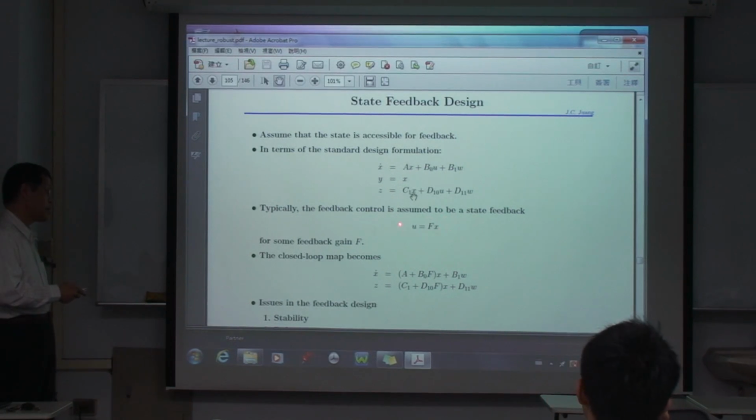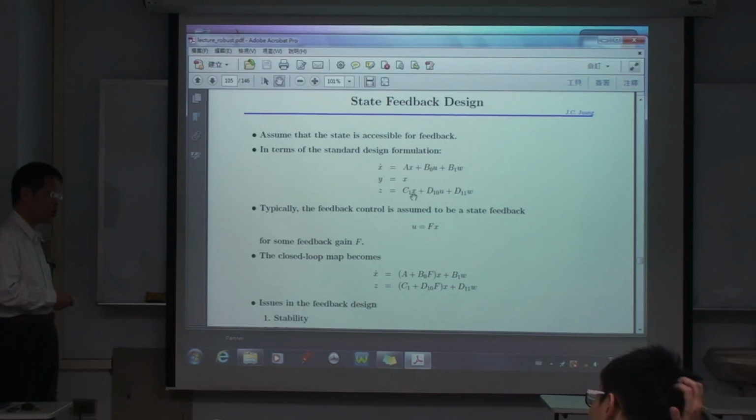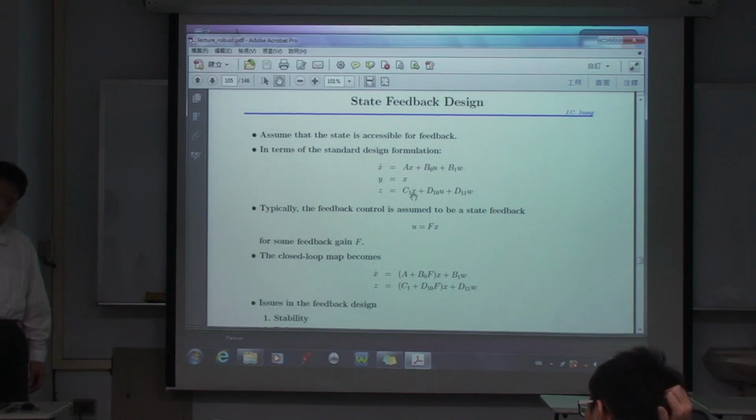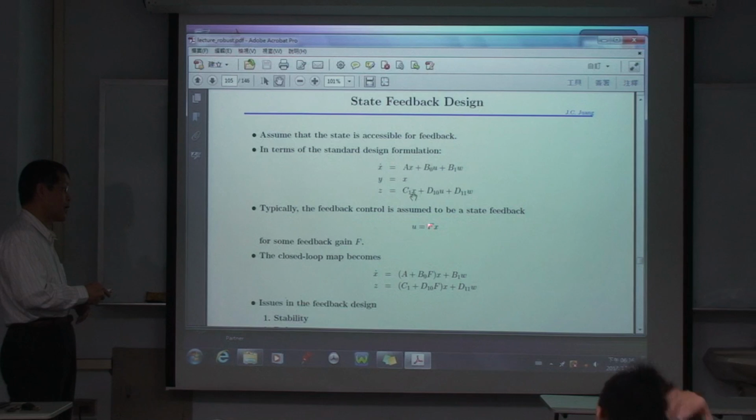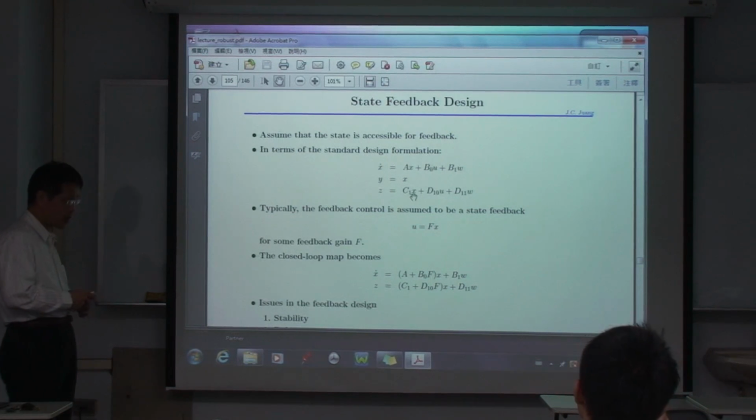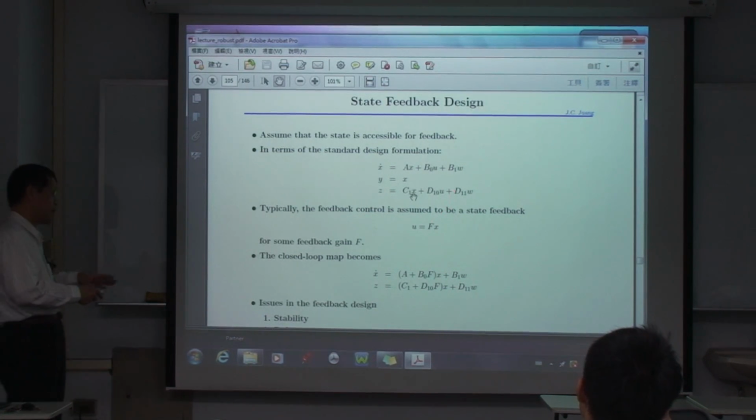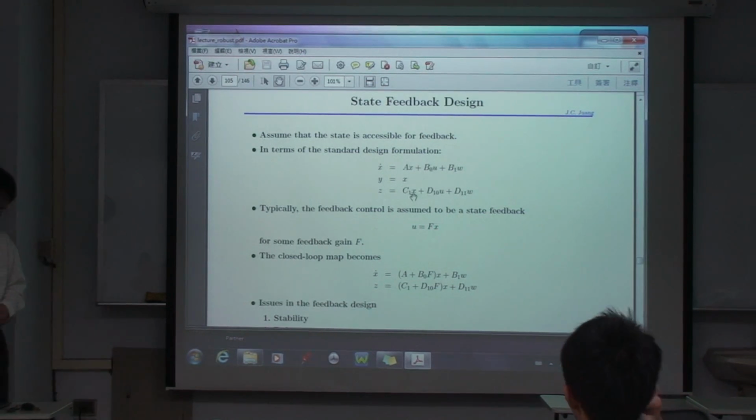You can realize this is a very simple control because you only need proportional control. You only have the state, and you just multiply by a certain gain matrix to get the control signal. This controller is relatively easy to implement, because if I have the state in the computer, I just multiply by a matrix, and that gives you the control signal.